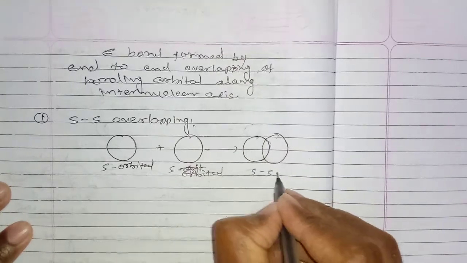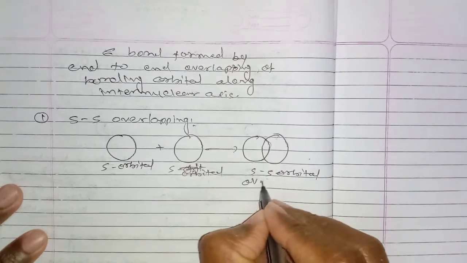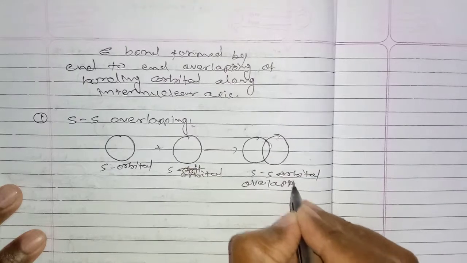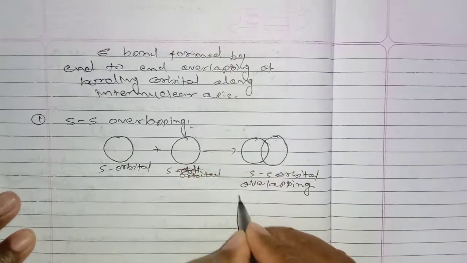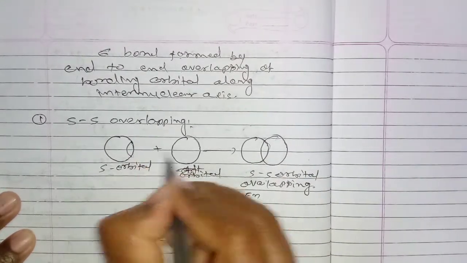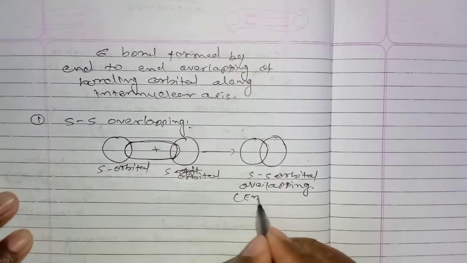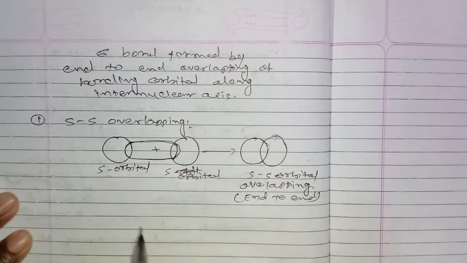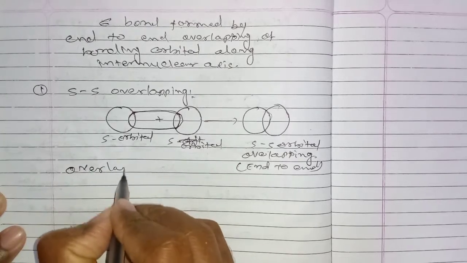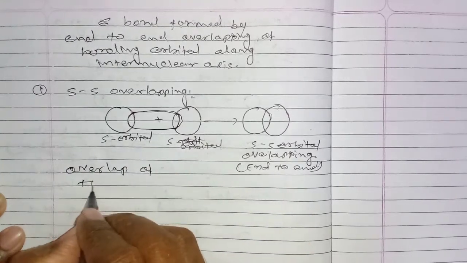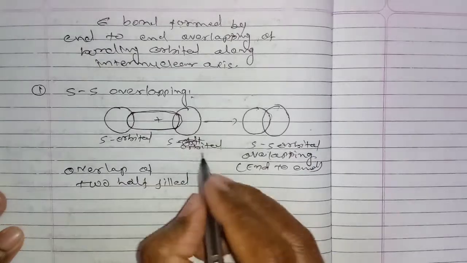It is s-s overlap. Here this end and this end will be overlapping. Okay, so it is the overlap of two half-filled s orbitals.